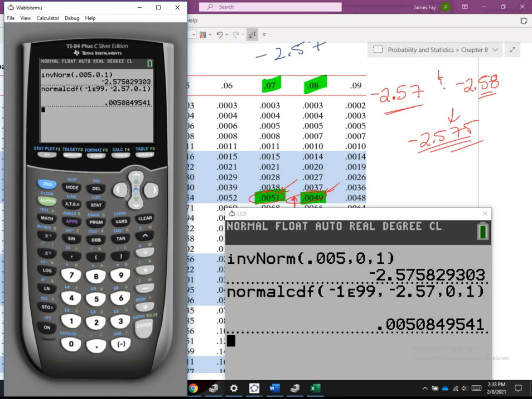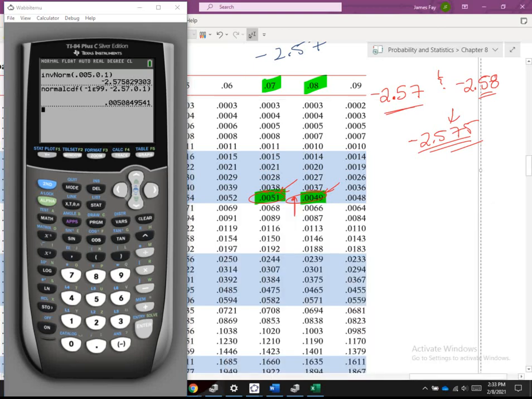Does that kind of make sense? So these are all rounded. However, they're rounded to a precision that is going to be good enough for pretty much all the statistics that we do. Is that okay with everybody?